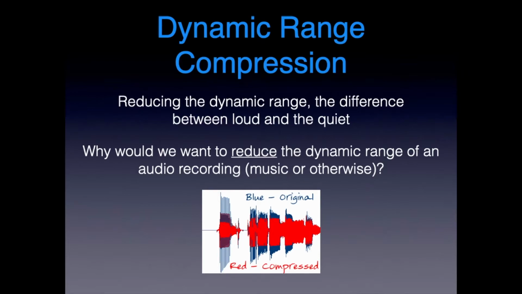After compression, material that has a wide dynamic range, for example, quiet parts that would have been lost in an FM radio transmission, is brought closer together in dynamic range, perhaps creating a better presentation for a given listening environment or media.